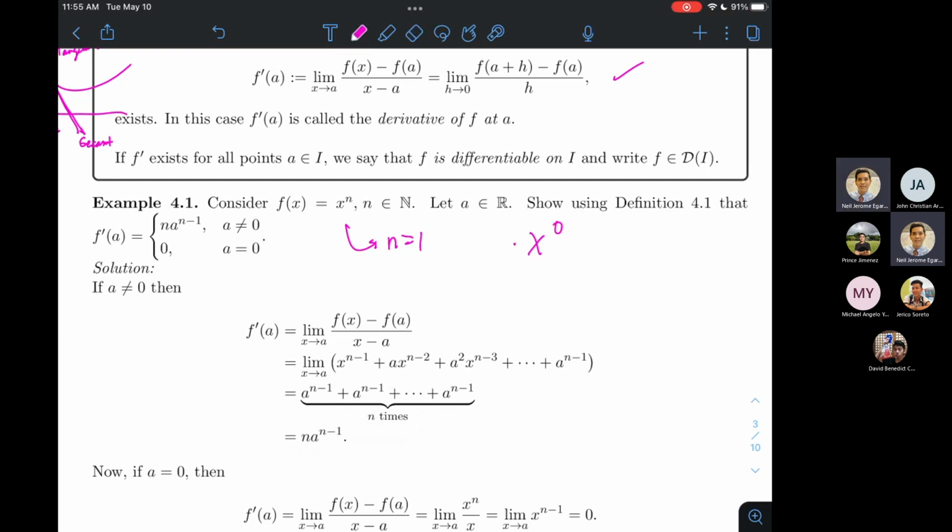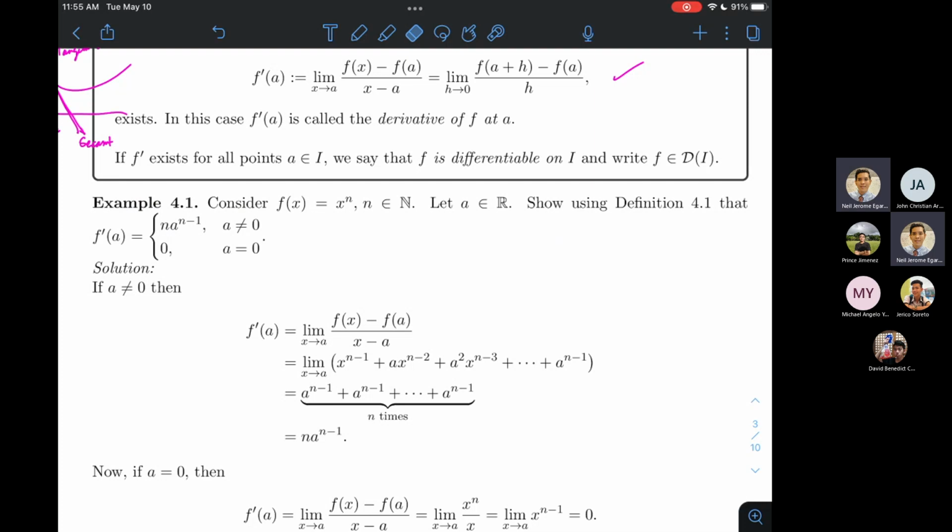Tapos pag in-apply ko tong formula yung formula dun sa taas, magkakaroon ako ng 0 to the 0. Yun yung in-avoid na case, kaya merong second condition rito, right? Because if you plug in a equals 0 here, and if at the same time n happens to be equal to 1, then magkakaroon ka ng 0 to the 0, which is undefined. Okay? So kaya, alright, so pinaghiwalay ko siya sa dalawang cases.